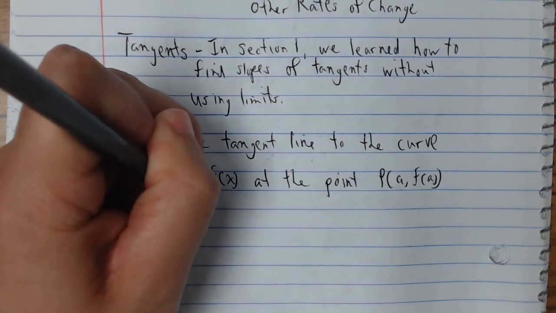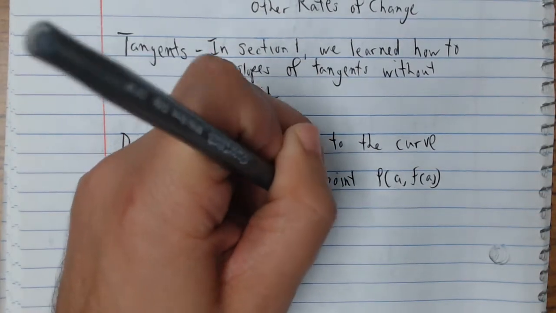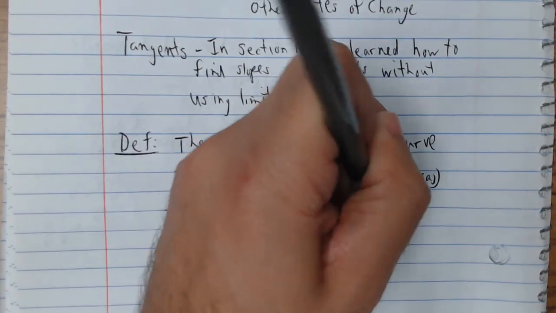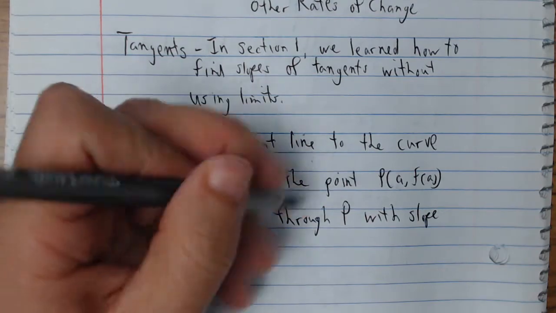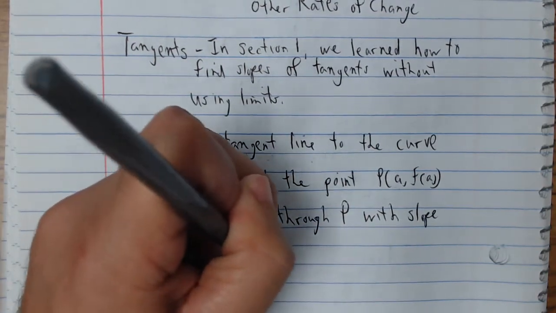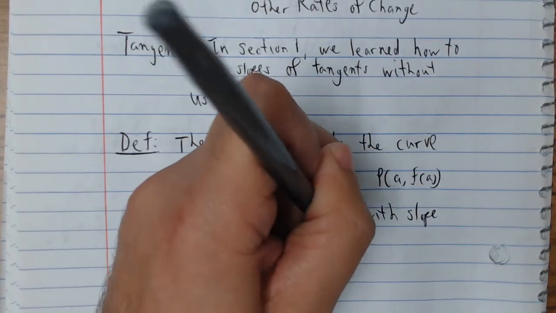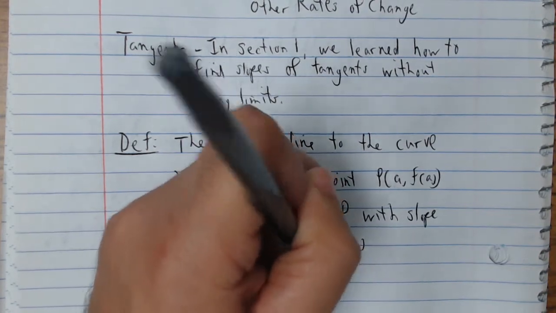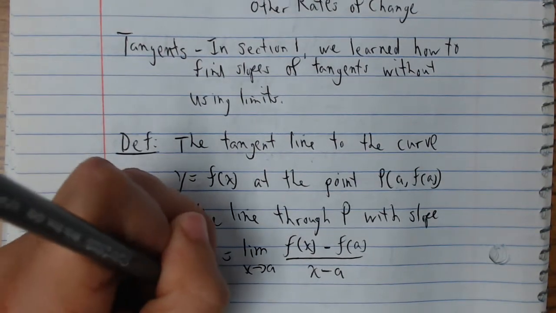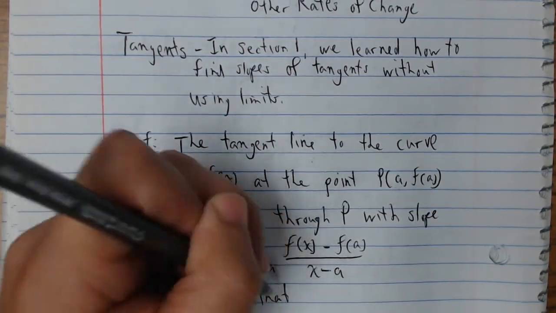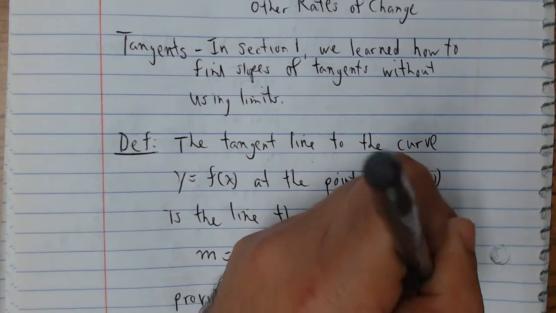So this is the line through P with slope m equals the limit as x approaches a of the following: f of x minus f of a over x minus a, provided that this limit exists.